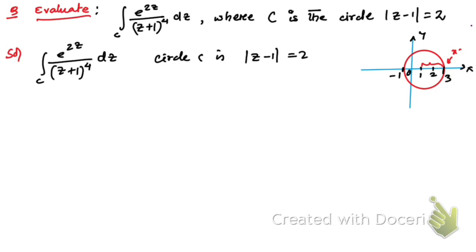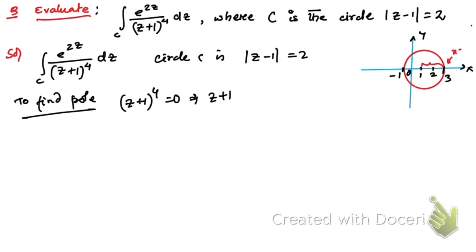So hope you have understood this. So what is going to be the pole? To find the pole, let us take z plus 1 whole to the power 4 equal to 0. That implies z plus 1 is equal to 0 and z is equal to minus 1. This is the pole of the integral.